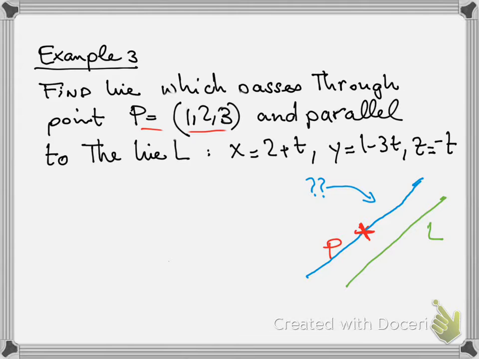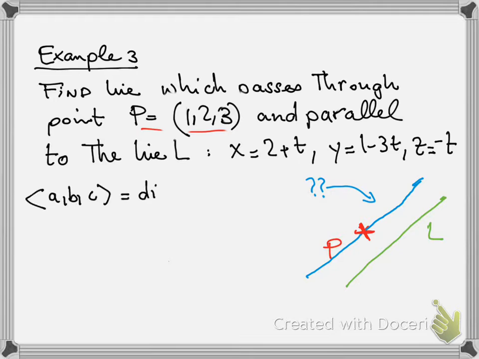Well, I know the equation of the green line. It's 2 plus t, 1 minus 3t, z equals minus t. So what would be a direction vector of this line L? Remember, the equation of the line was x0 plus at, y0 plus bt, z0 plus ct, where a, b, c is the direction vector.